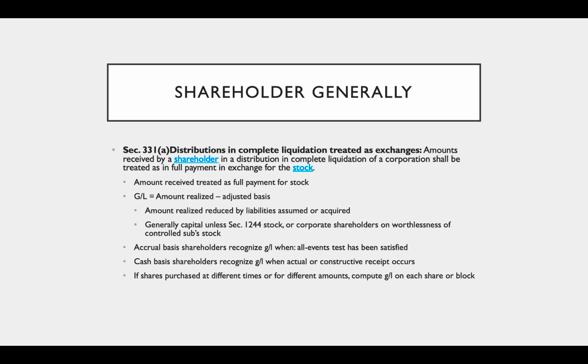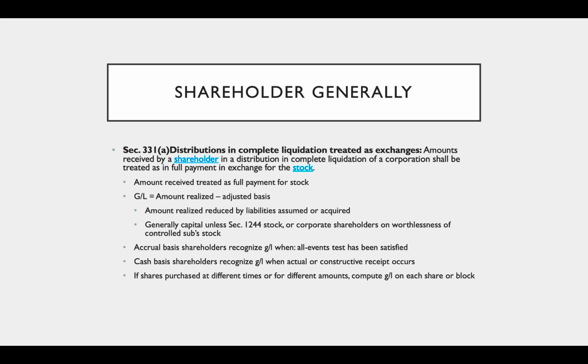And as an individual shareholder, you could only deduct up to $3,000 of capital loss against ordinary income. So again, we like this provision. The limit is $50,000 of loss for a single taxpayer and up to $100,000 of loss if you are a married filing jointly taxpayer.